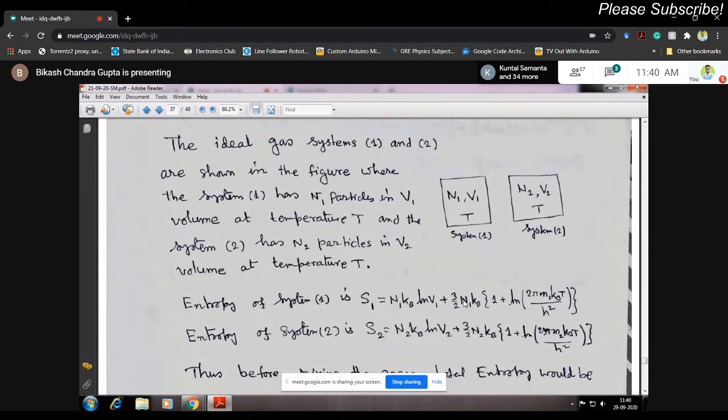Therefore the entropy for the first system is this, and similarly the entropy for the second system is this.